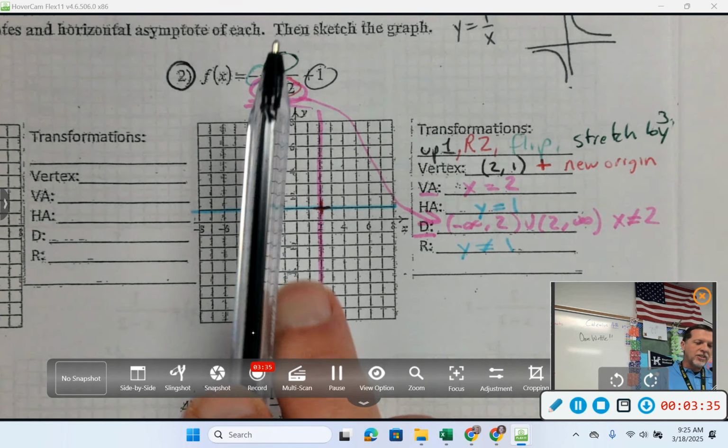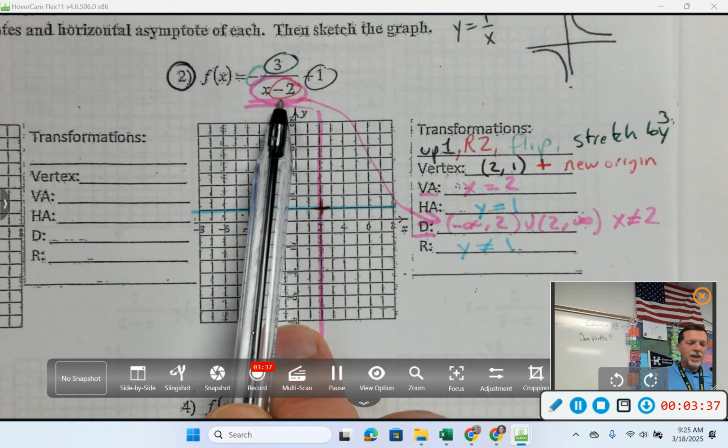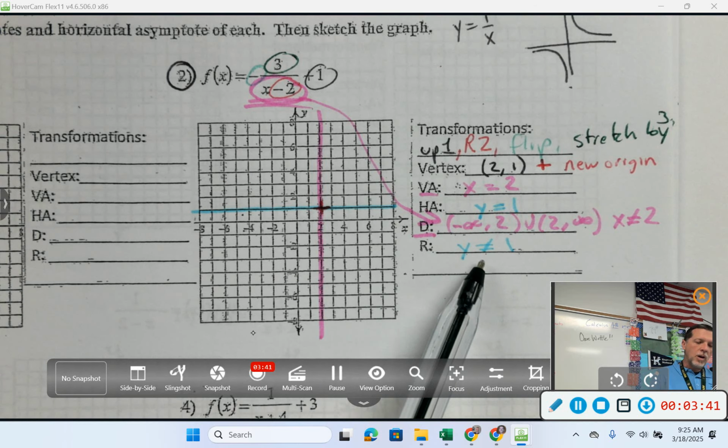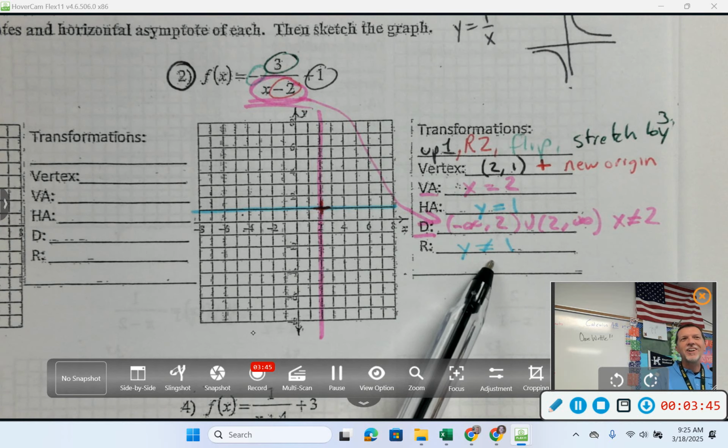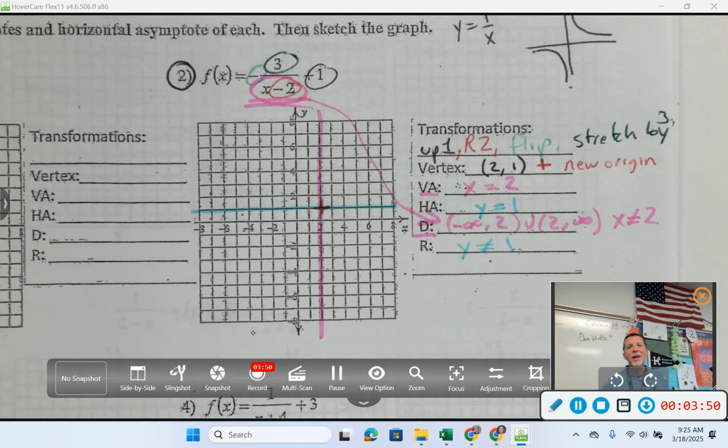It's real easy to see why X can't be 2. It's not real easy to see why Y can't be 1. We're not really there yet. That's sort of a result that we don't know where that came from yet. So it's a good question, and I'm not ready to answer it yet, is the short answer.